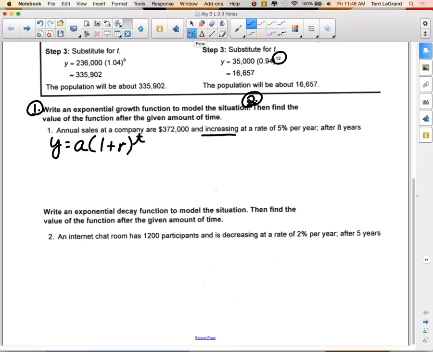Okay, so for the model, the only thing we're going to replace is the a and the r. So a equals, what's our a value? Okay, write that down, 372,000. You don't have to worry about the labels in our work here. We're not doing it, we're just deciding what are the things we're going to replace. What's the r value, as a decimal? 0.05.